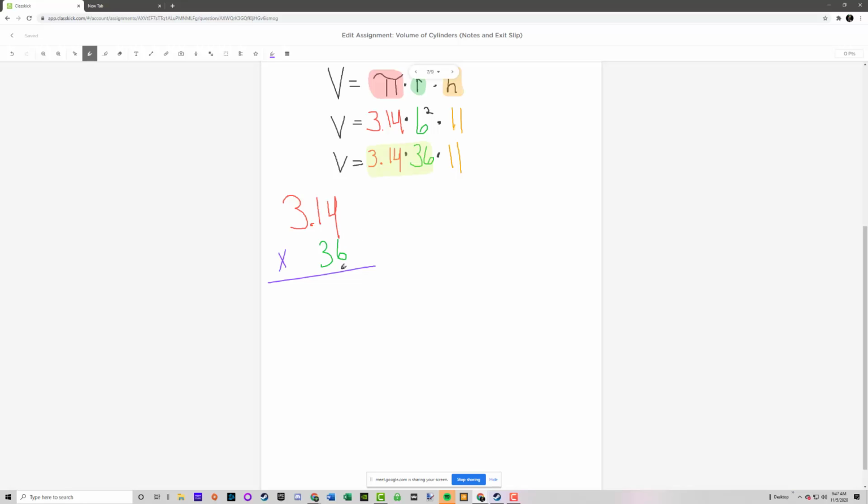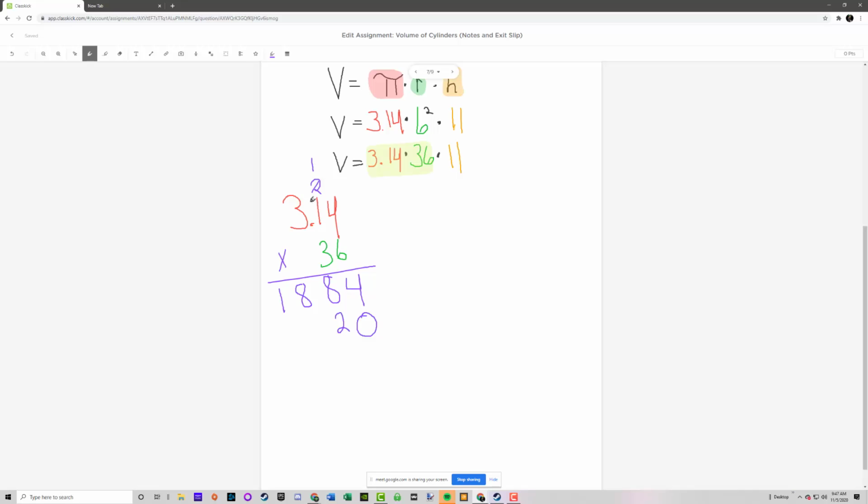Now, let's just multiply. So 6 times 4 is 24. Here are the 2. 6 times 1 is 6, plus 2 is 8. 6 times 3 is 18. So we've multiplied everything by 6. Let's move down here, add a 0. 3 times 4 is 12.